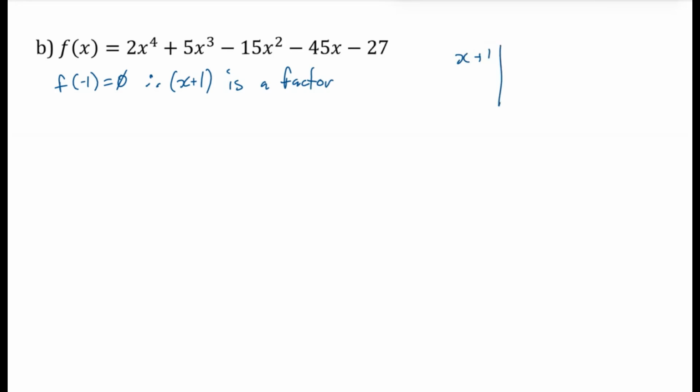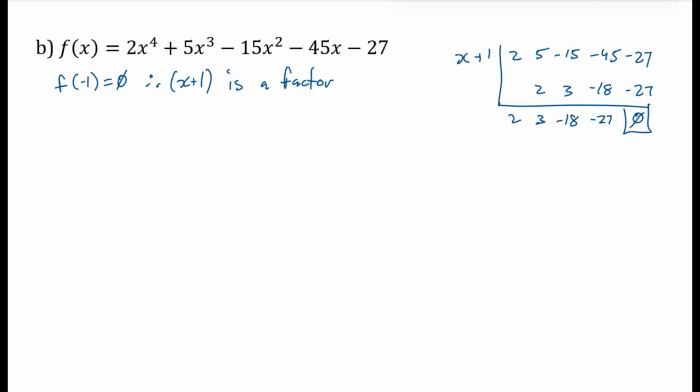Synthetic division. Minus negative 18, so that's going to be negative 27. 0, remainder of 0, put that in a box where it belongs.